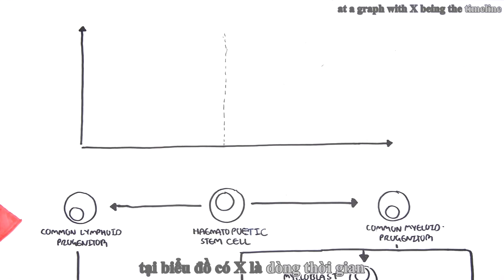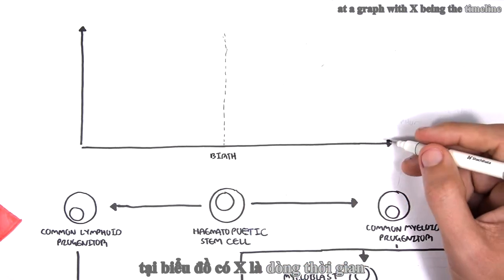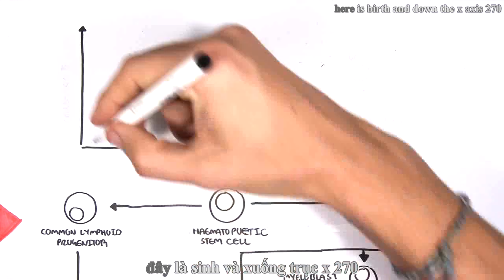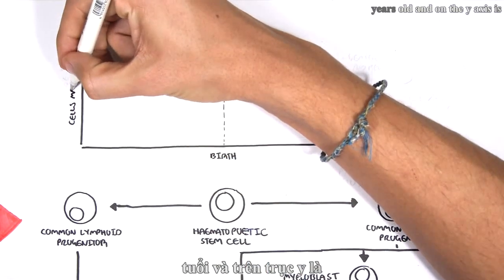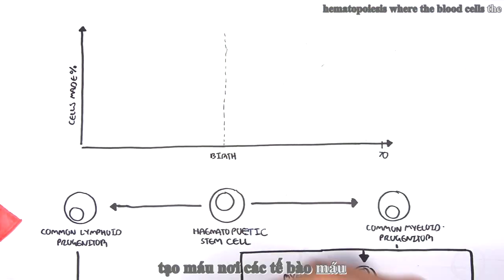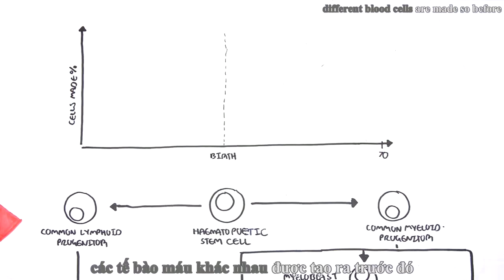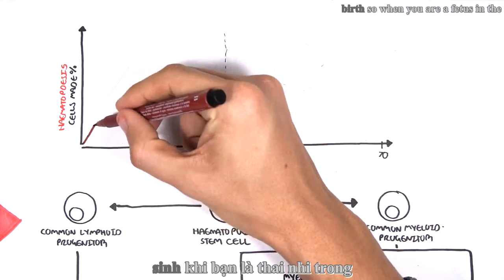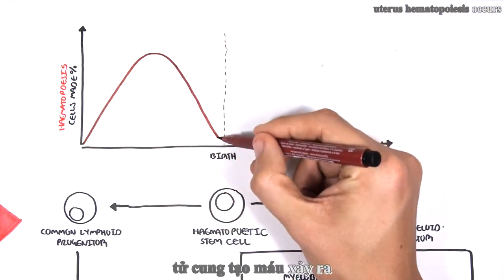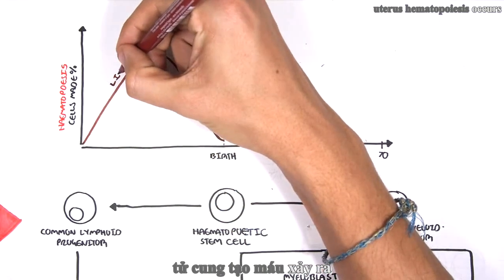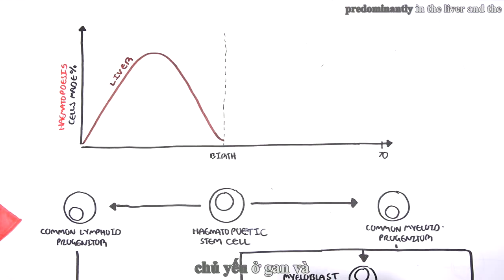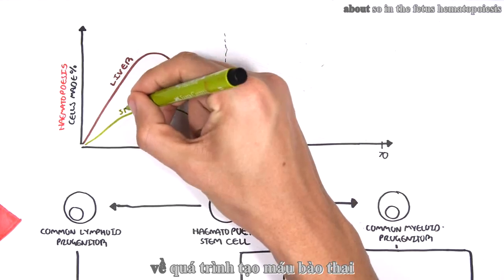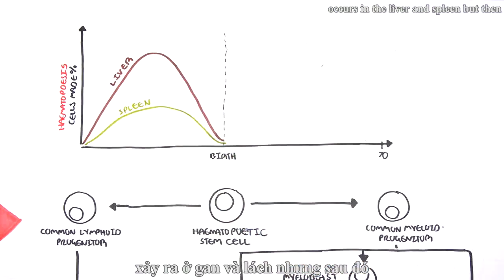And let us look at a graph with the X-axis being the timeline. Here is birth and down the X-axis to 70 years old. And on the Y-axis is hematopoiesis, where the different blood cells are made. So before birth, when you are a fetus in the uterus, hematopoiesis occurs predominantly in the liver and the spleen.